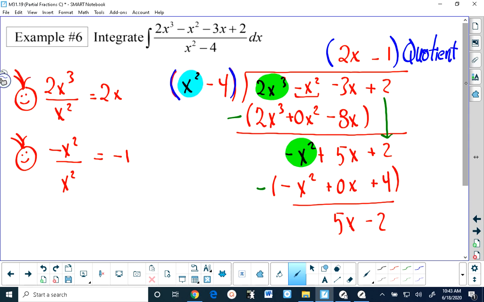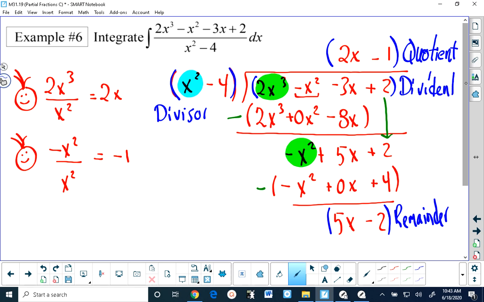We have the divisor on the left. At the bottom, we have our remainder. And of course, what we started off with is the dividend.